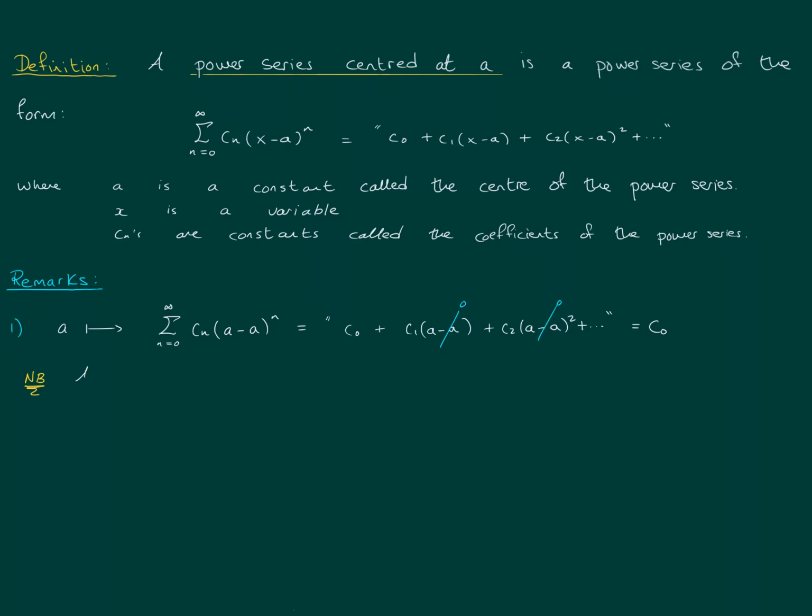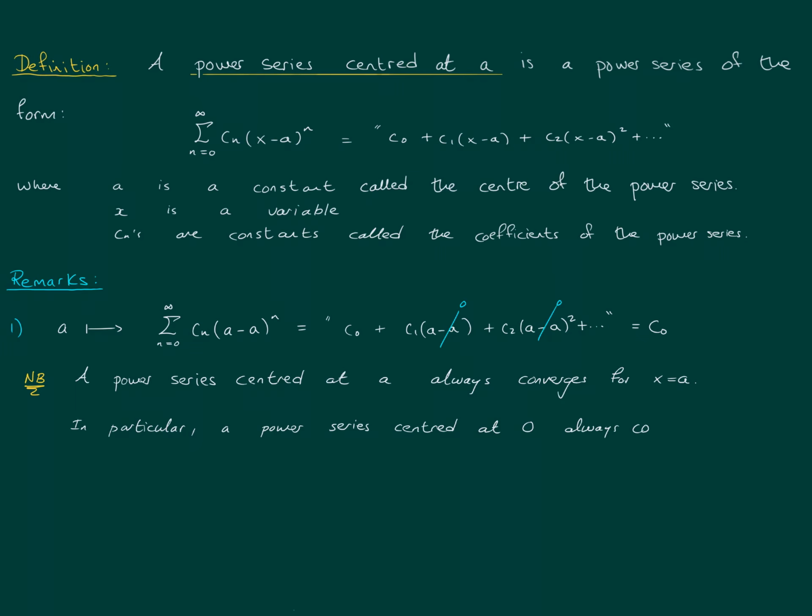Now this is very important, NB: a power series centered at A always converges for x equals A. So no matter what the Cn's are, you can always plug in A, and this function always makes sense at A. In particular, a power series centered at 0 always converges for x equal to 0.